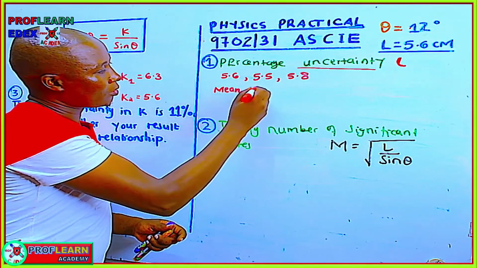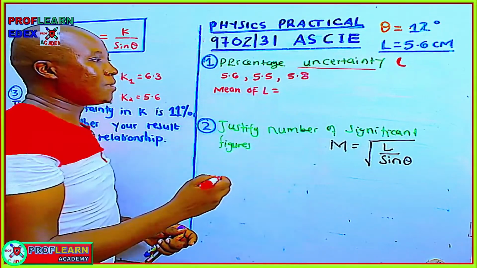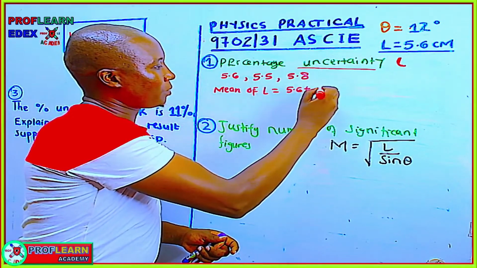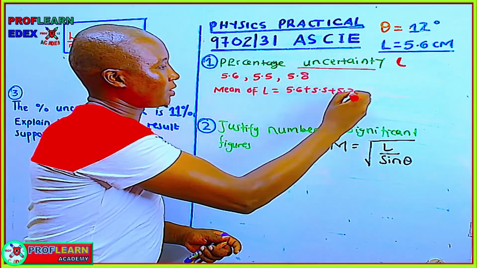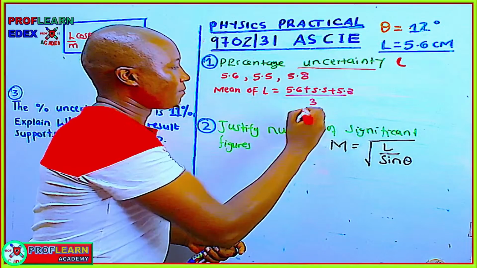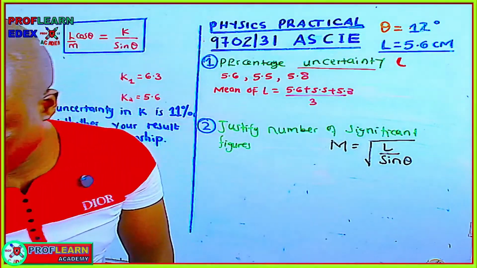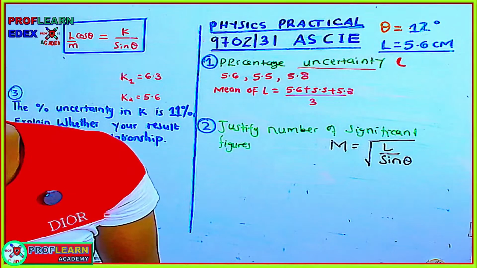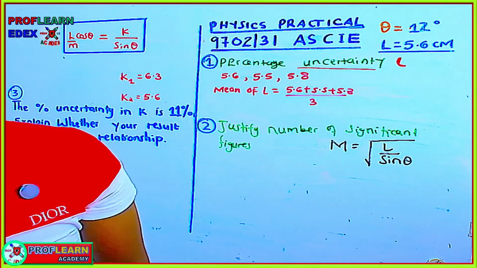Mean of L. And the mean is 5.6 plus 5.5 plus 5.8, divided by the 3 that you have there. Let's just work it out together so that we can see what we are going to get.